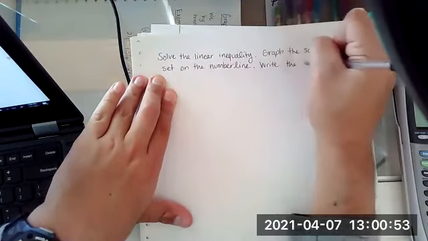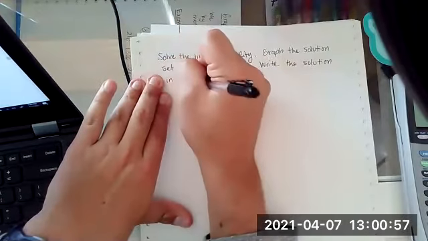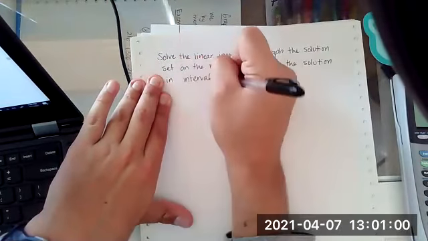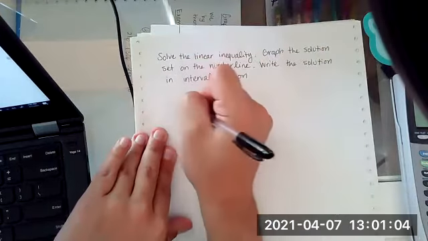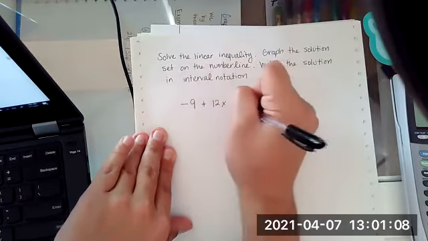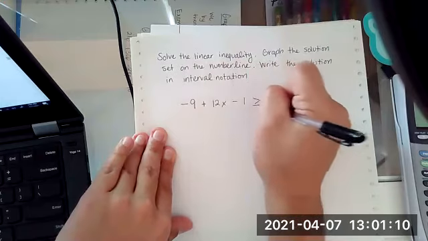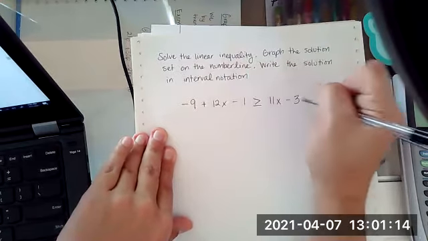Write the solution in interval notation. -9 plus 12x minus 1 is greater than or equal to 11x minus 3.